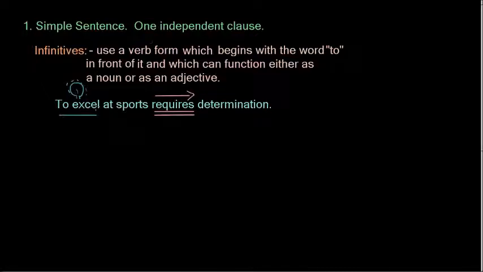So even though it looks like a verb, it is functioning as the subject, it is functioning as a noun, and that's what an infinitive does. Okay, let's see if we have any other nouns here. We do have sports, also a concept.